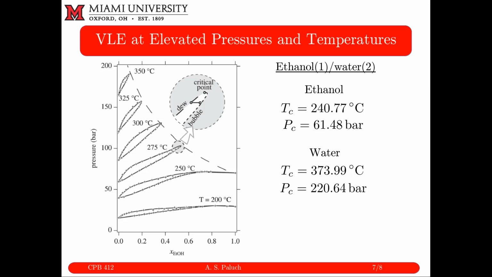You can think, the critical temperature of my mixture is going to lie somewhere between ethanol and water. Okay, the pure water limit is where I'm going to have that highest critical temperature. So as I increase my temperature, the amount of ethanol that's going to be found in that subcritical mixture is going to become less and less, right? And I get further and further to the left in my plot.